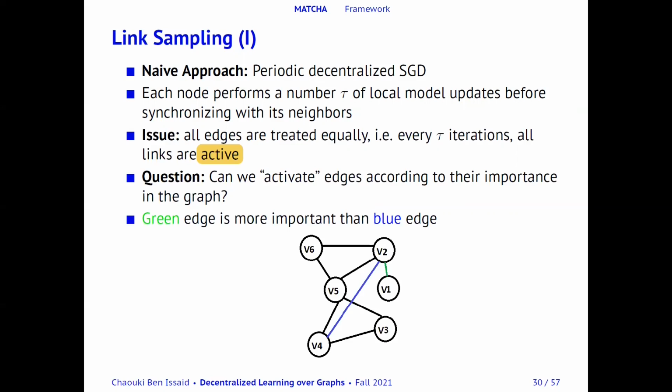Here we can clearly see that the green edge linking V1 to V2 is more important than the blue edge linking V2 and V4, since the absence of the green link means we can no longer access the information at V1, whereas even in the absence of the blue link, we still have a connected graph.